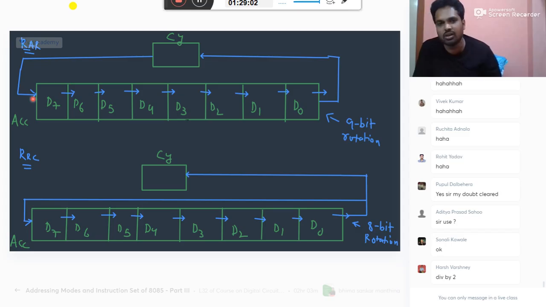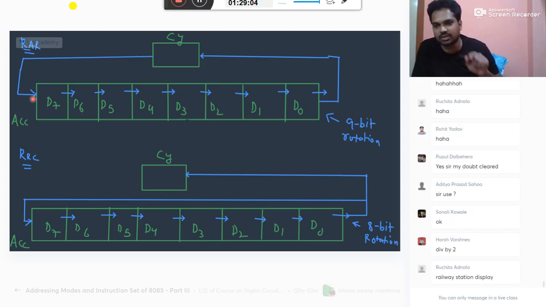Next, rotate accumulator left, or left through carry.